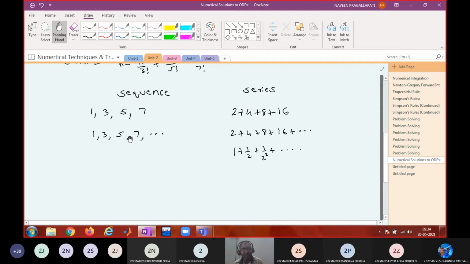They generally misuse the word. In logic problems, they will ask what could be the next number of the series? They should not use the word series, they should use the word sequence. What could be the next number of the sequence?